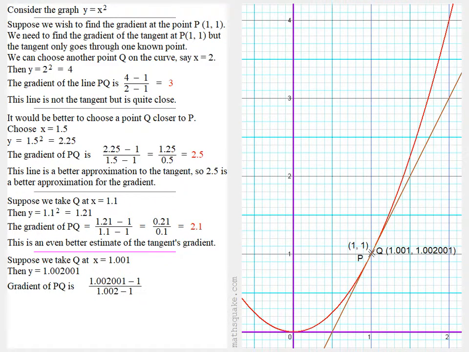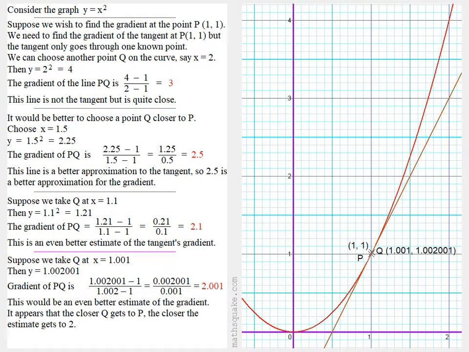So the gradient of PQ is 1.002001 minus 1 all over 1.001 minus 1, which is equal to 0.002001 over 0.001, which simplifies to 2.001. Now this would be an even better estimate of the gradient, and it appears that the closer Q gets to P, the closer the estimate gets to 2. So perhaps the gradient of the tangent is 2.